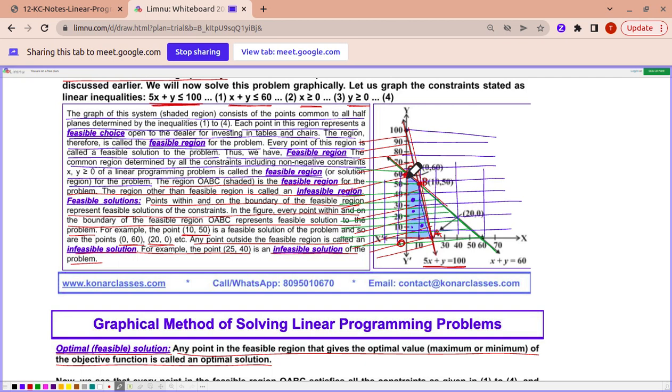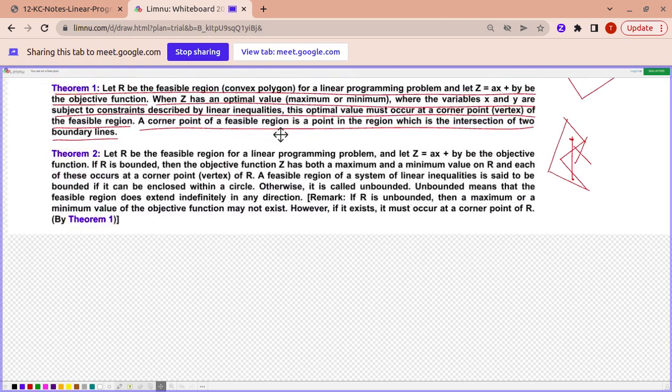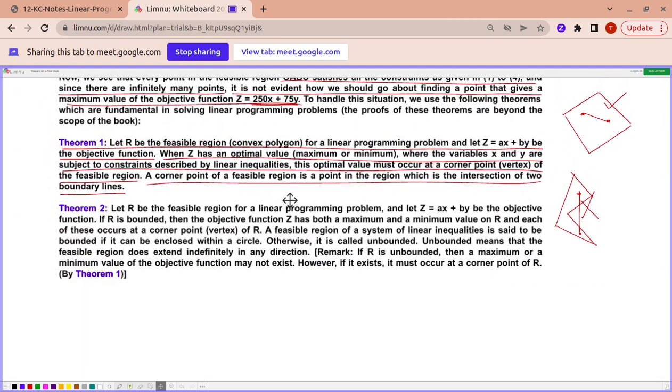Similarly, this is one corner point, this is one corner point, and this is one corner point. Correct? Now let me repeat Theorem 1 once more. Let R be the feasible region, which is a convex polygon geometrically, for a linear programming problem, and let Z equal to Ax plus By be the objective function.